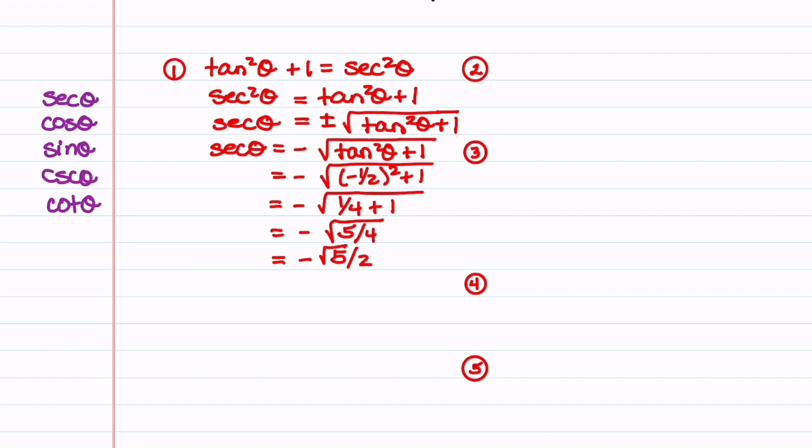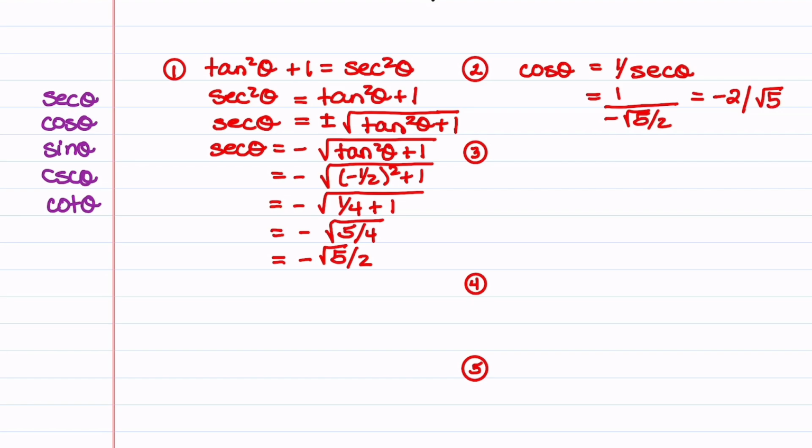We'll find cosine theta using the reciprocal identity. Cosine theta is 1 divided by secant theta, and that's equal to 1 divided by minus root 5/2, which gives us a value of minus 2 divided by root 5.